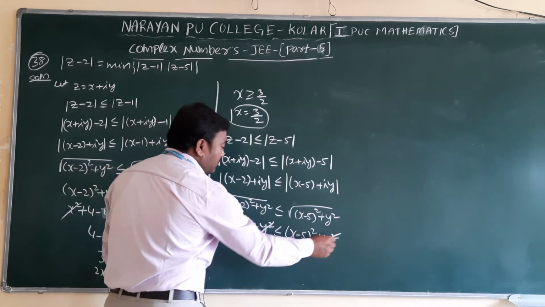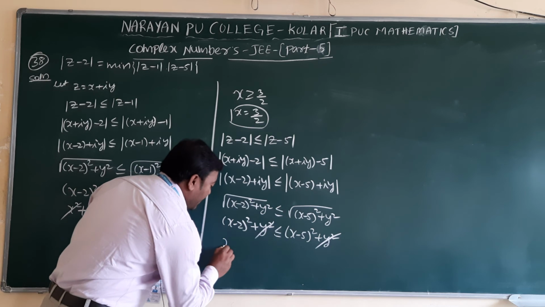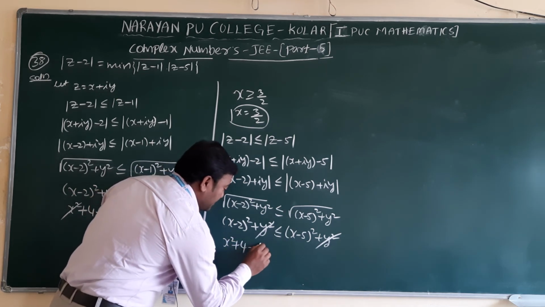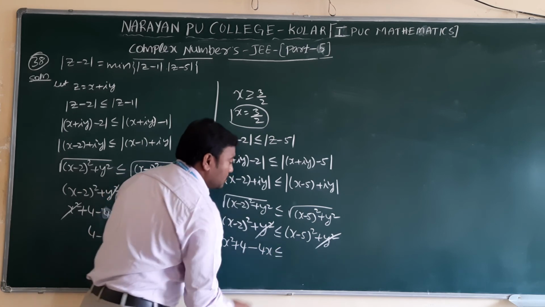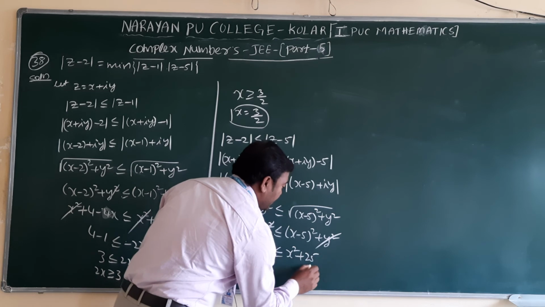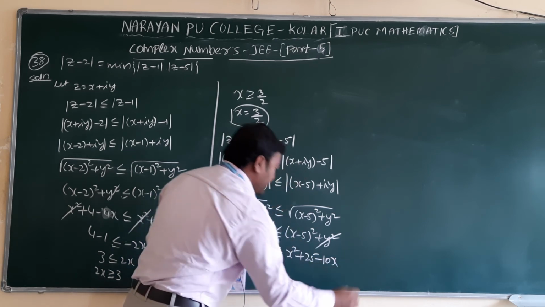Y square gets cancelled, remaining x minus 2 whole square, x square plus 4 minus 4x is less than or equal to x square plus 25 minus 10x.